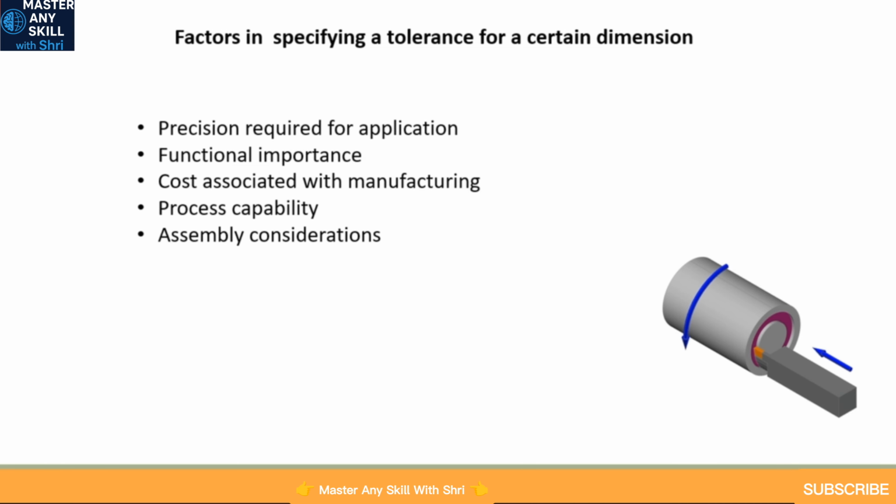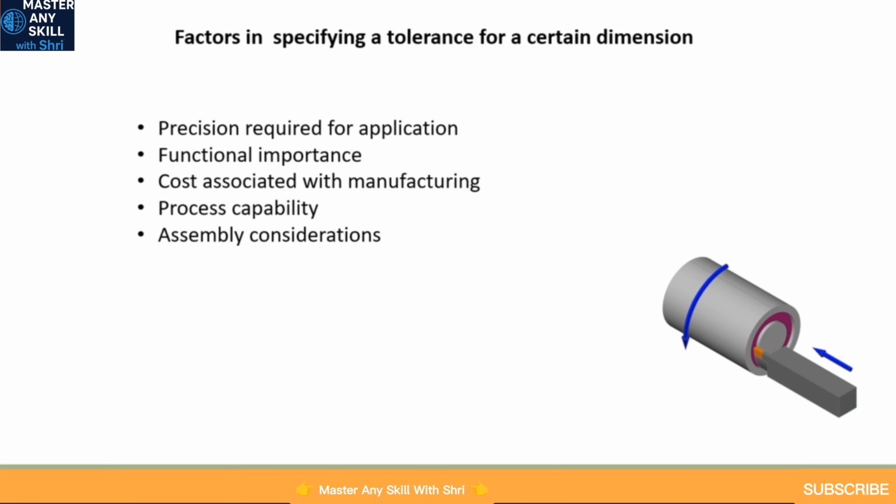So depending on the application, these precision ranges can vary. For example, if we are designing machines which are required for measurements or inspection, then you would need very fine tolerances, maybe to the level of gauge tolerance. So depending on the application, this precision will change and the tolerance levels also will change. Second is functional importance.